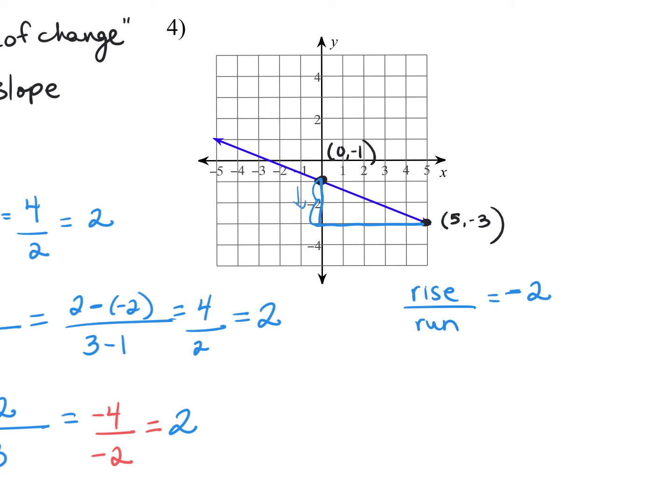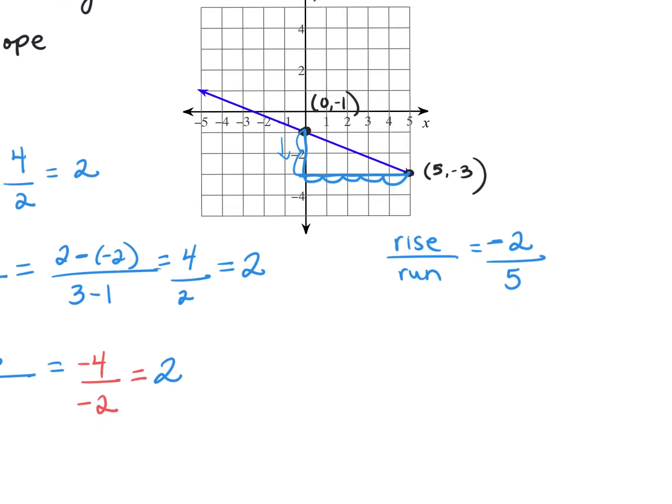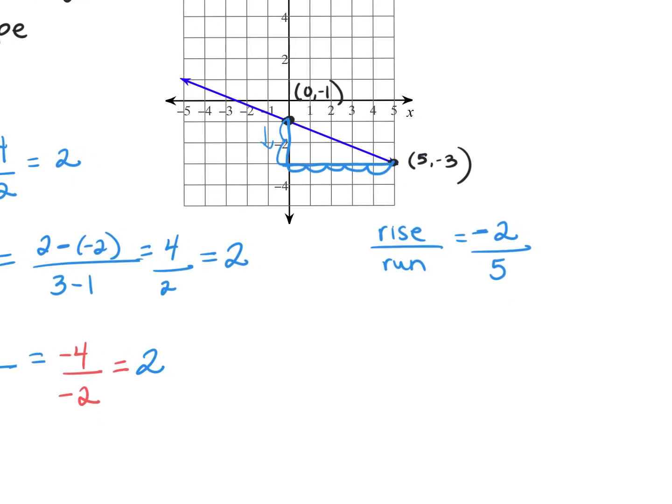I went down, so that value needs to be negative. And my run, 1, 2, 3, 4, 5, went to the right, so that's positive. So I have a slope of -2/5.